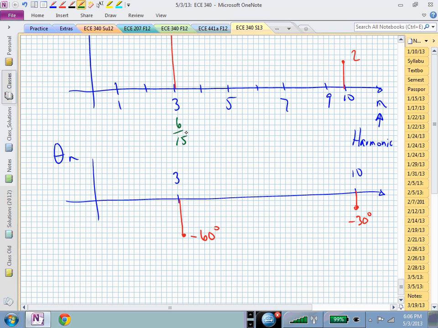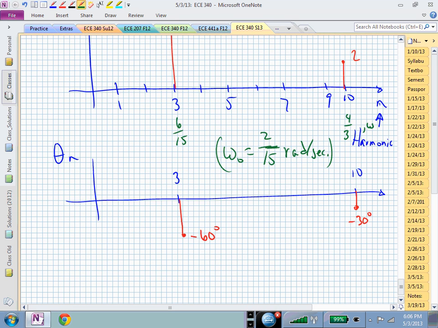This is now 6/15, and this was this 4/3, and that's with respect to omega. And if you wanted to, and just remind people, you could say, oh, omega naught, which was the fundamental, was this 2/15 radian per second, if you wanted to keep track of the harmonics.